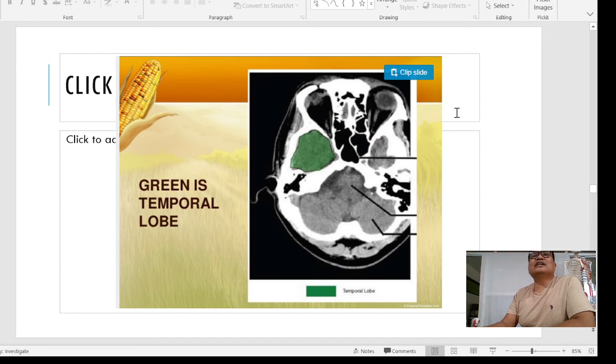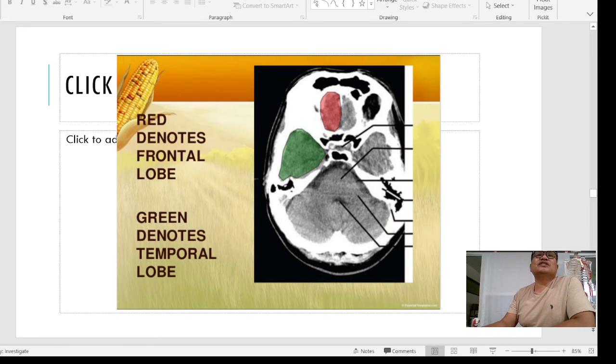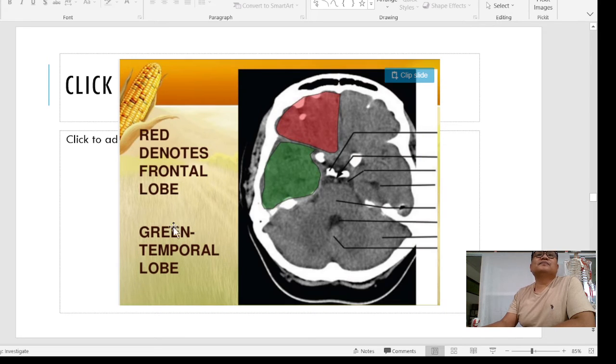So this is the class. Green is temporal. That denotes the frontal lobe. Okay, so it goes up now. Frontal lobe, then the green, temporal.